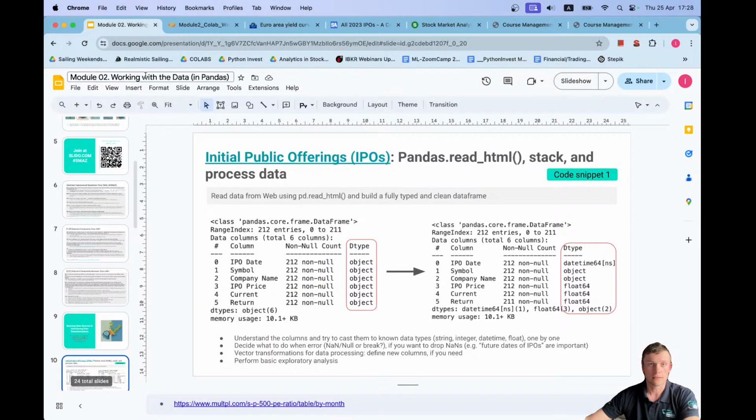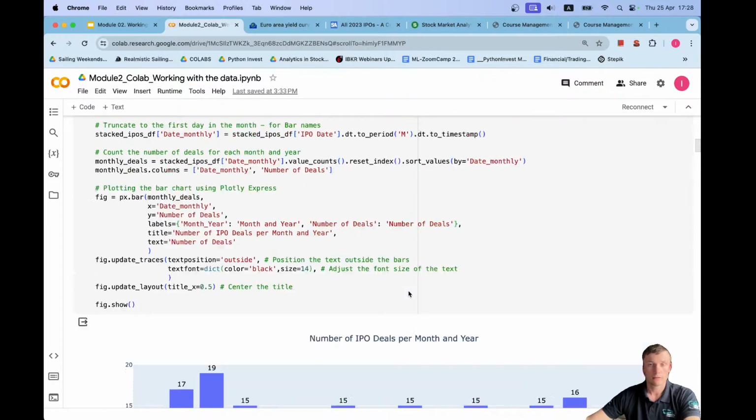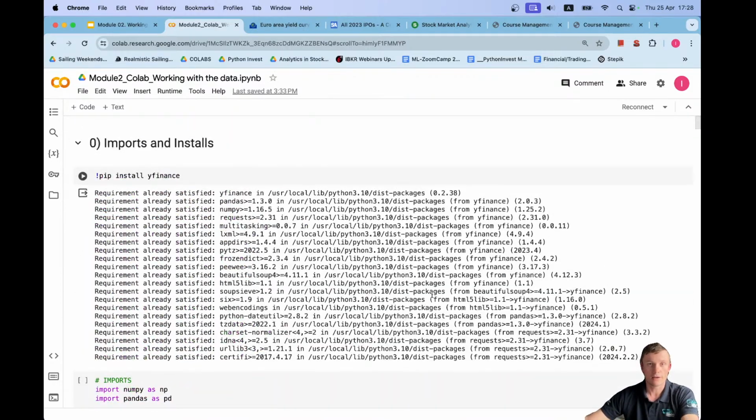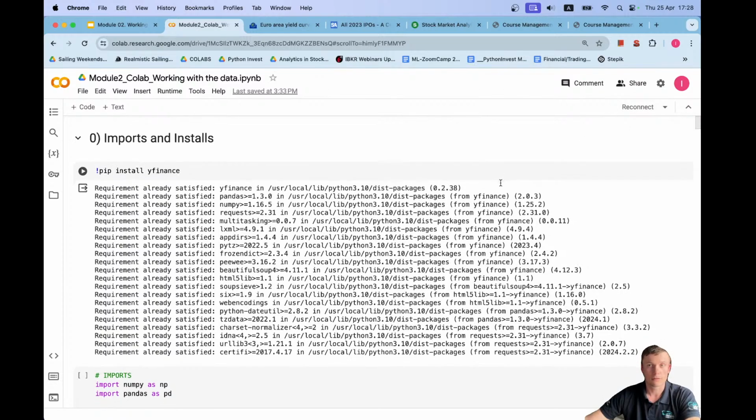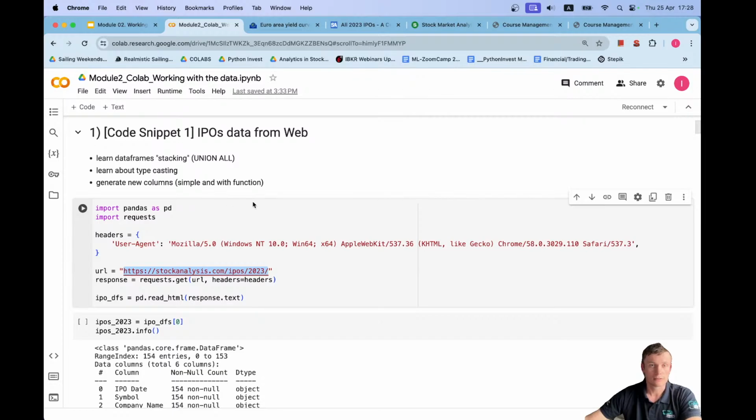Okay, let's move on to code snippet 1. So I ran it just today. If you check the link on GitHub and open it with Colab, connect and run all, you should be able to see about the same data. So what do we do here? We get data on IPO stats.